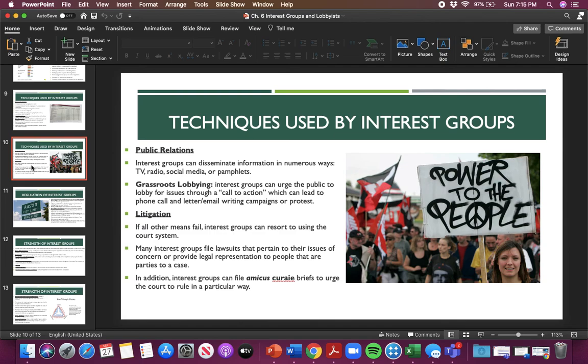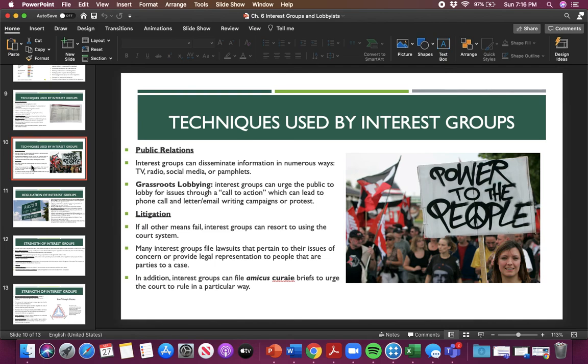Groups are good at this, especially well organized interest groups. I just use the NRA as an example because they are very well organized. They even have their own television media outlet called NRA TV, where they have people who have shows about gun rights and things like that. And so they are very much on top of using media outreach to reach people.